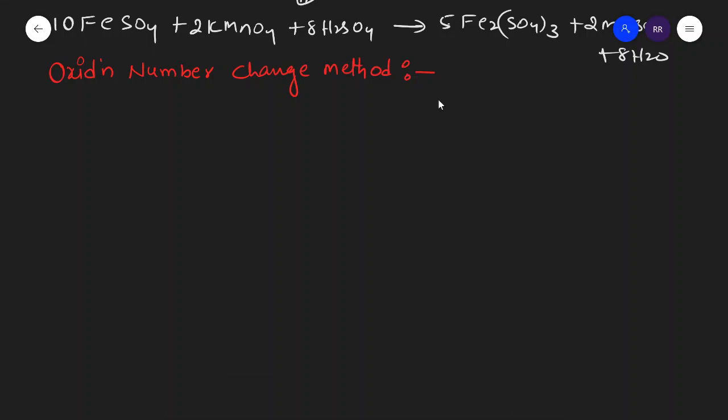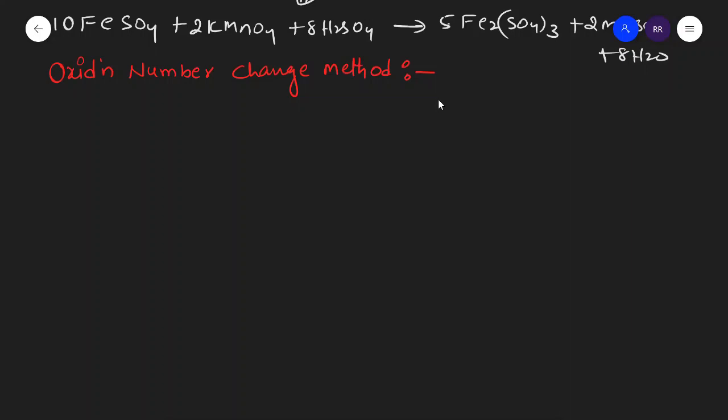Oxidation number change method. This method is based on the fact that in a balanced redox reaction, the total increase in oxidation number is equal to the total decrease in oxidation number.